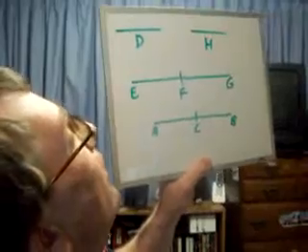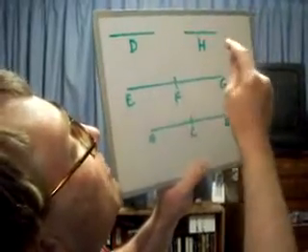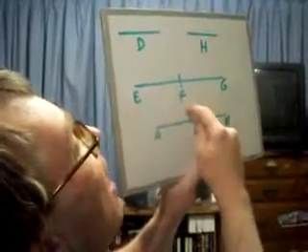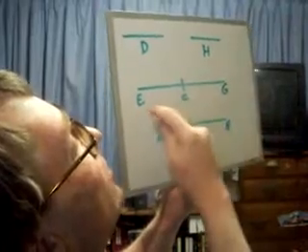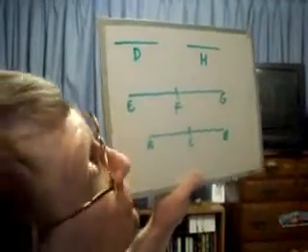Therefore, EF is incommensurable in length with FG. This is by Euclid Book 10, proposition number 9. So even though this square is commensurable with this square, this line is not commensurable with this. So these two lengths are incommensurable.